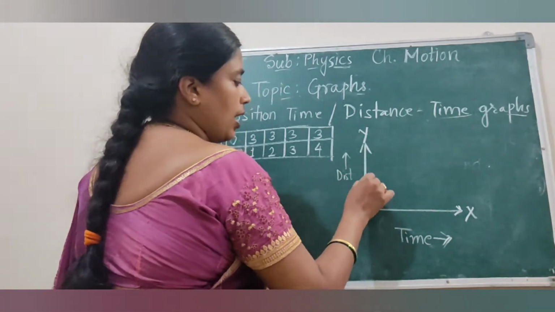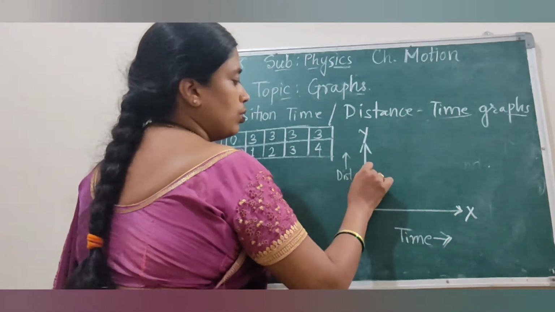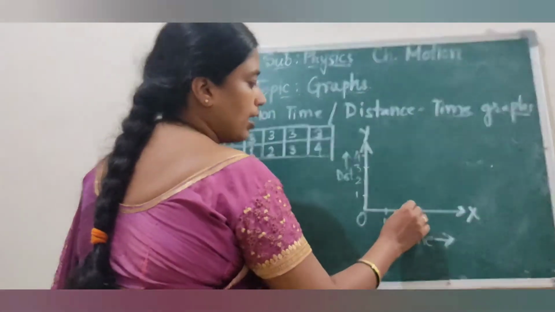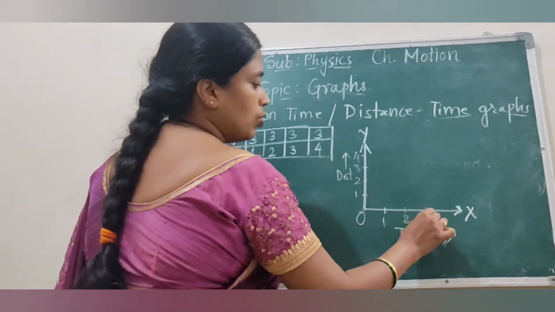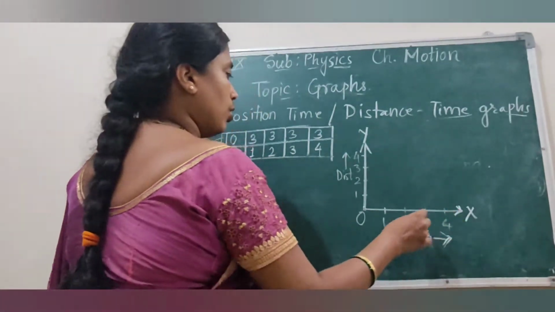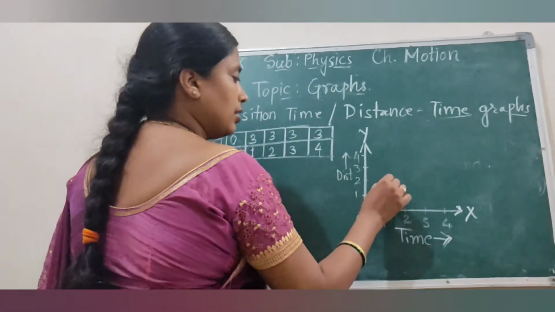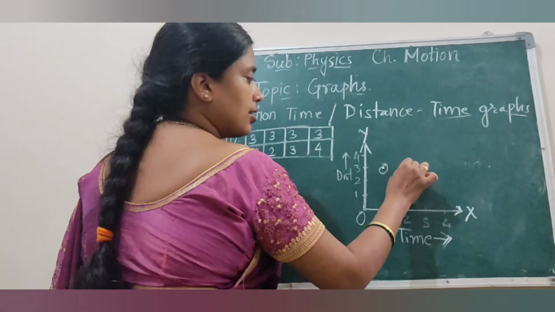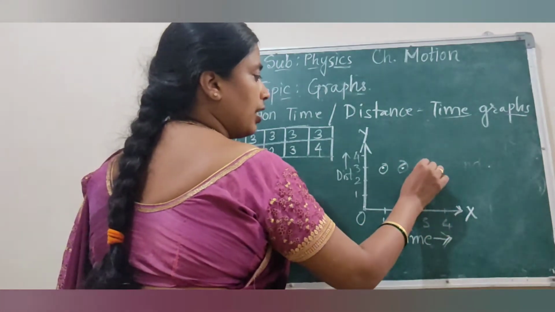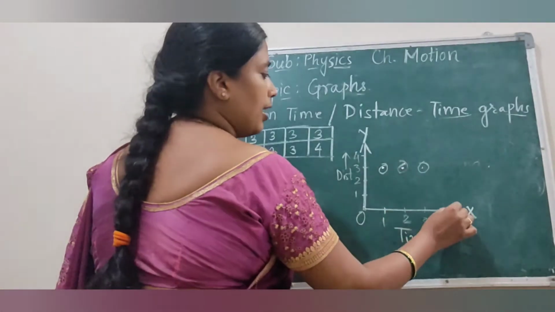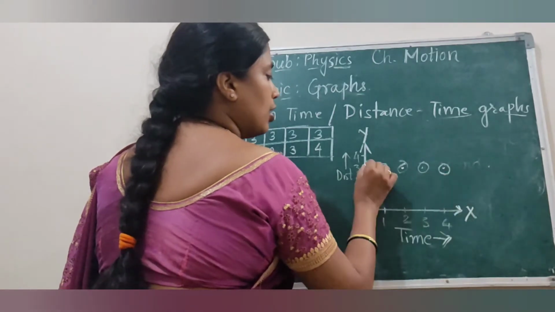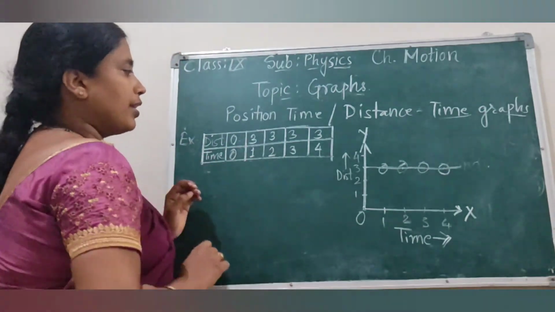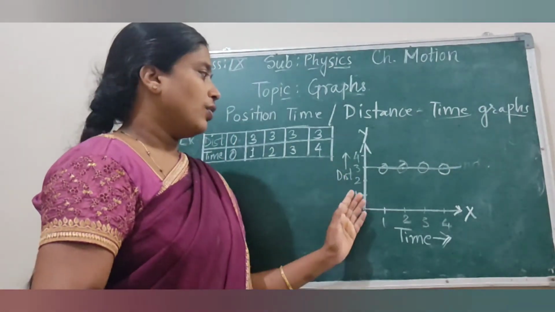So this is 1, 2, 3 and 4, and this is 1, 2, 3, 4. After 1 it is 3, after 2 again it is 3, after 3 again it is 3, and after 4 again it is 3. So if you join this line, then what does it show?